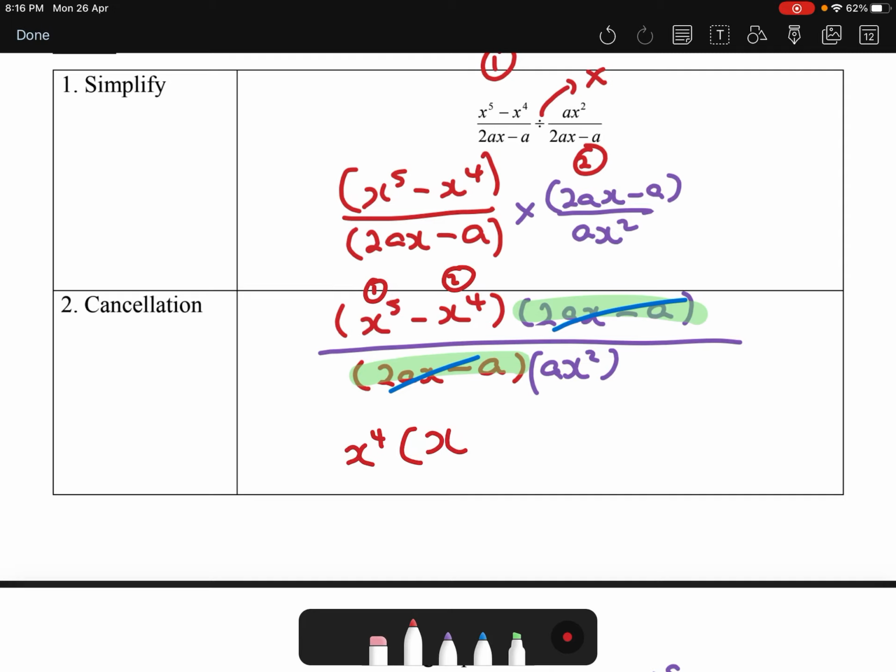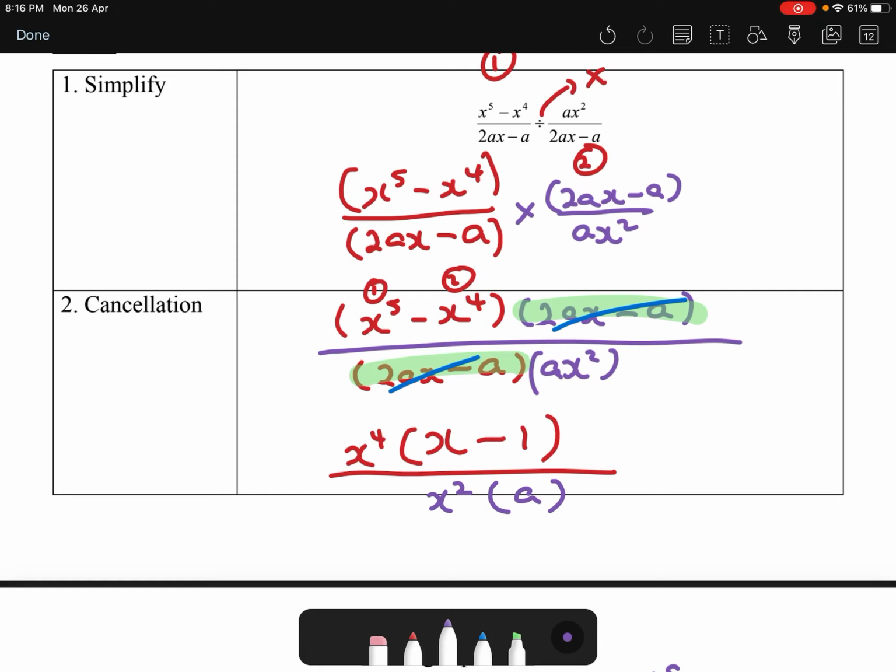For the second term, minus x to the power of 4, I take out x to the power of 4, so nothing is left. But in maths, when you say nothing left, actually it's just minus 1. For your bottom, I take out x squared, so what is left is just a.